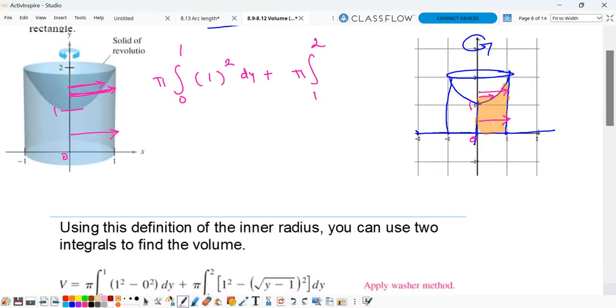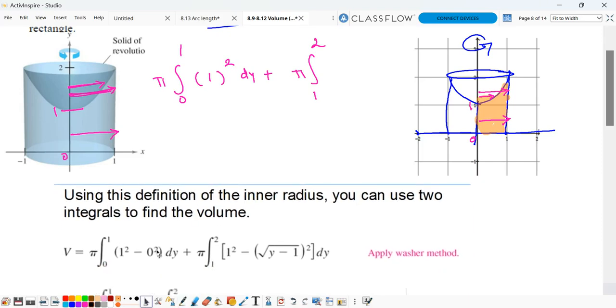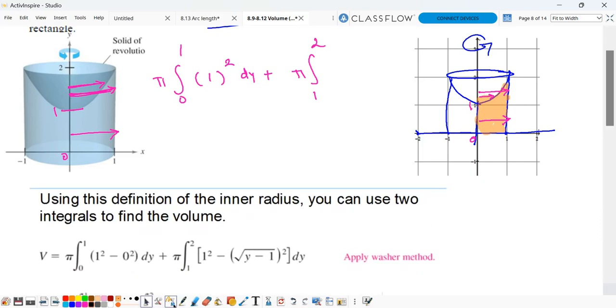Let me show the setup here. 1 squared is the big radius. The small radius is square root of y minus 1, because this is y equal to x squared plus 1. We want to solve for x, so that is a square root. And you will get the answer.